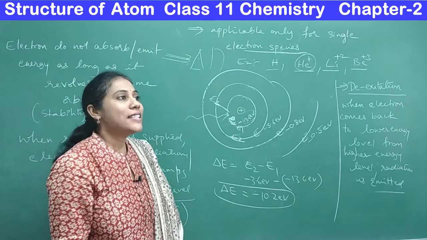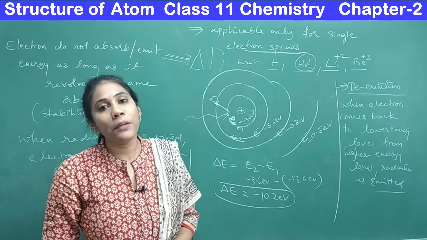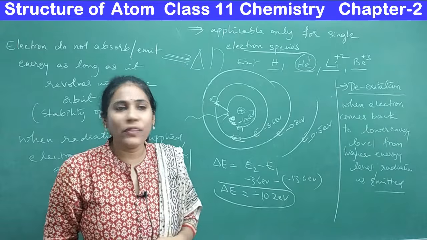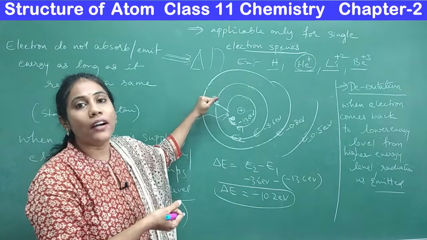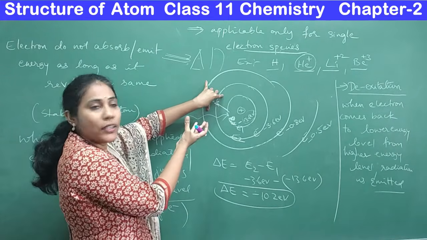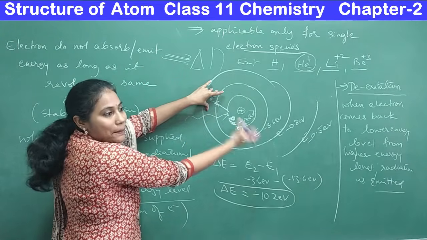It is just like you people for the holidays, when you go to your relatives' home, you will not stay there permanently, right? Just one or two days you will stay and you will come back. The same thing for the electron also. By absorbing radiation, it goes to a higher level. For a fraction of a second it will stay there, but not permanently.